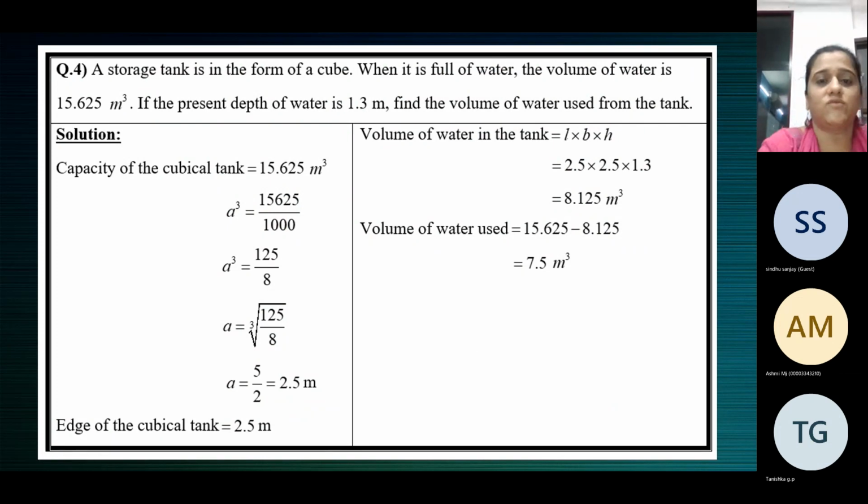A storage tank is in the form of a cube. When it's full of water, the volume of the water is, okay. If the present depth is 1.3 meters, find the volume of the water used from the tank. I'll send the picture of this one. I just want to finish this presentation, so maybe you can try this at home. We'll see in the next class. I'll explain this one.